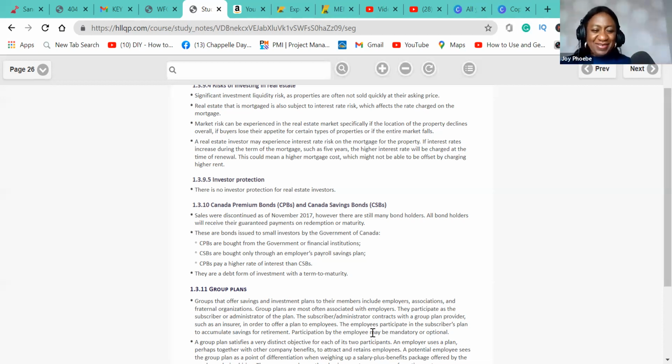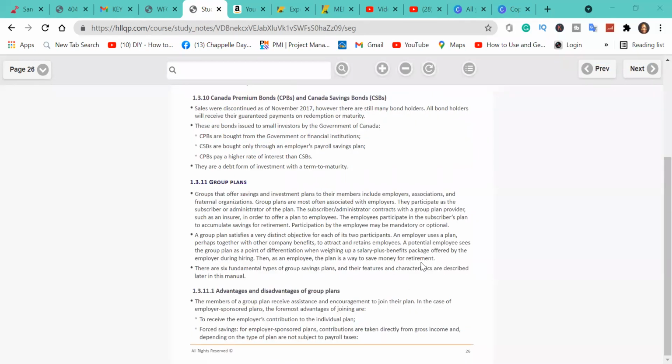Okay, so we move on to group plans, right? All these other investment options we've been looking at since yesterday are all individual investment options. So I'm excited to look at what the group investment options are like.